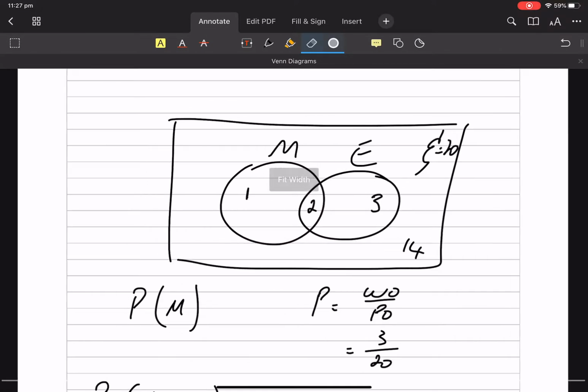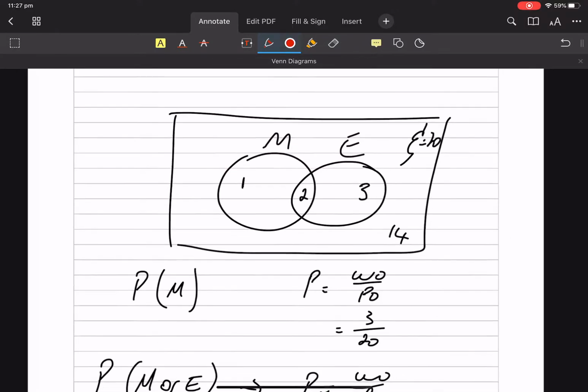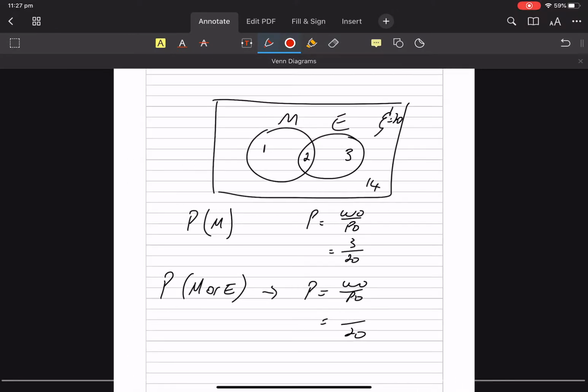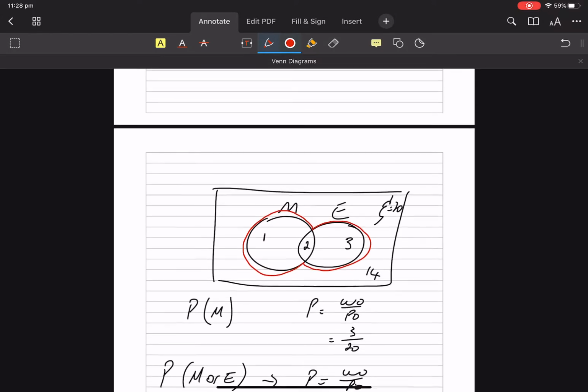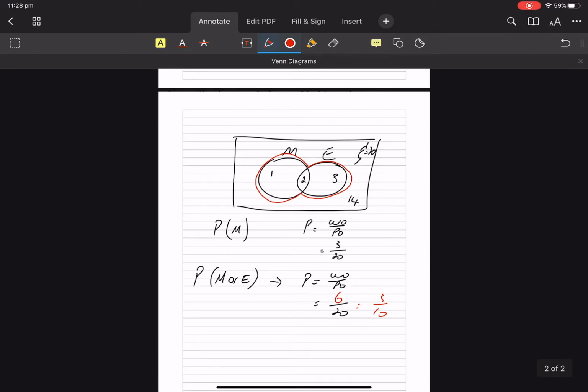There we go. So maths or English, all the people who put their hand up for either maths or English is all of that. So that would be a 6 out of 20, 3 out of 10. So you can see once you got your Venn diagram, getting your probabilities from them is just WOPO.